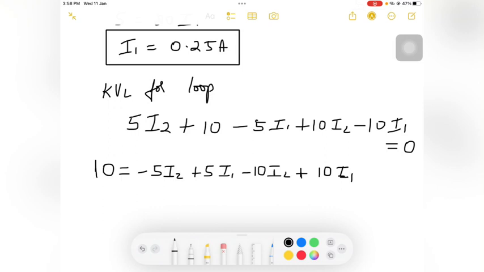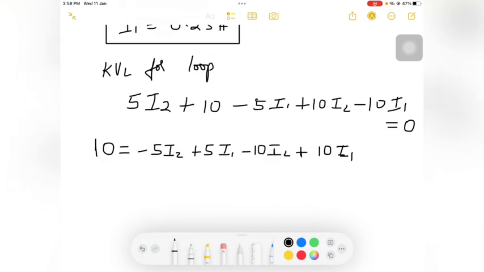I need to simplify this. Look at the terms here. I have I1 two terms, 5 plus 10, so 15 I1. Plus I have the I2 terms, minus 5 minus 10, it will be minus 15 I2. So 10 equals 15 I1 minus 15 I2.